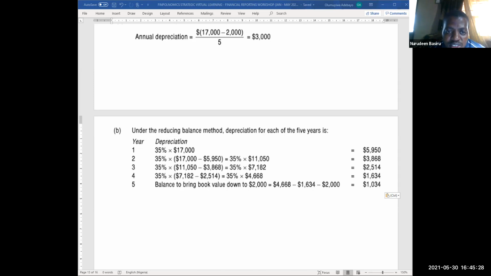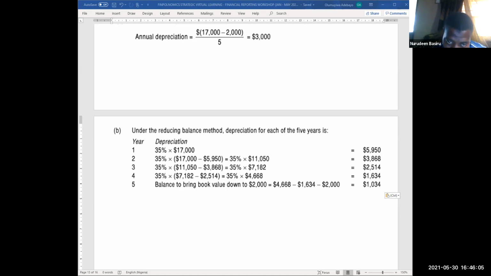Then in the third year, we carry out the same method, looking at our net book value in the second year, which was $11,050, minus depreciation for the second year, which was $3,868, giving $7,182.